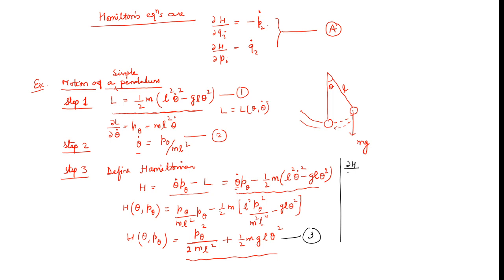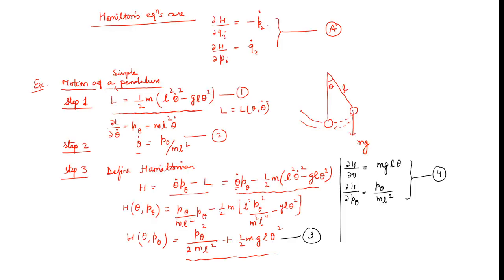Delta H delta theta is equal to mgl theta, and delta H delta p theta is equal to p theta upon ml square. I'll use these two values in Hamilton's equations of motion. So I'm writing Hamilton's equations of motion. Minus delta H delta theta is equal to p theta dot.